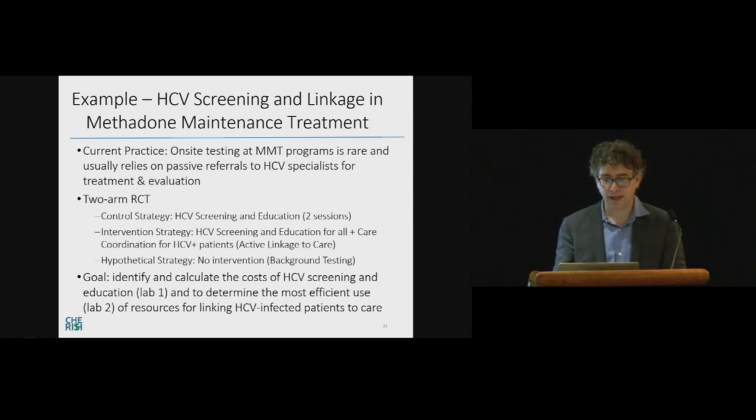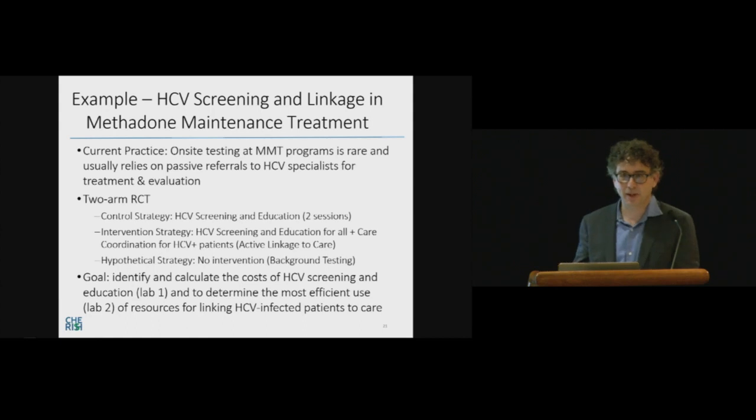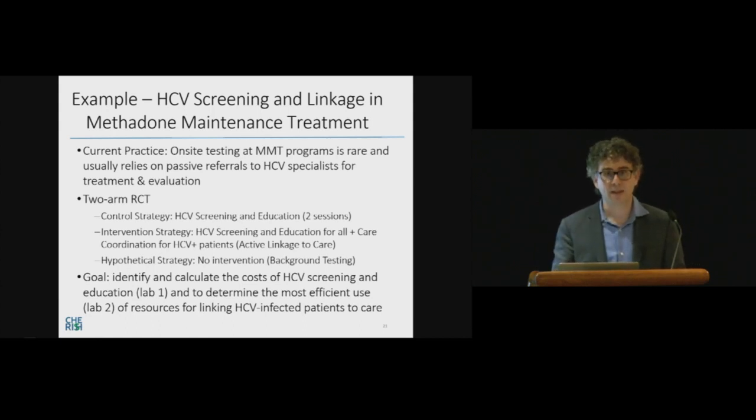And then in our analysis, we put in a hypothetical strategy, which is no intervention at all, right? In a real world study with human subjects concerns, that's probably not an ethical thing to do. Or certainly the IRB didn't think so. But we can do whatever we want in a simulation model. Because I said that it's the comparison that's really important, we like to have a hypothetical in there that is do nothing.